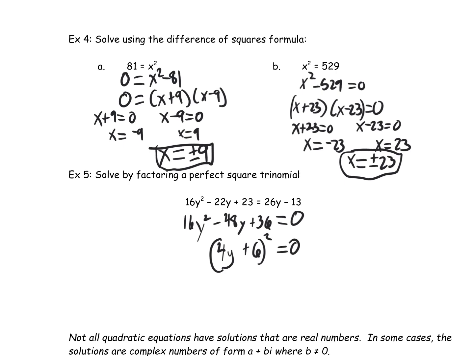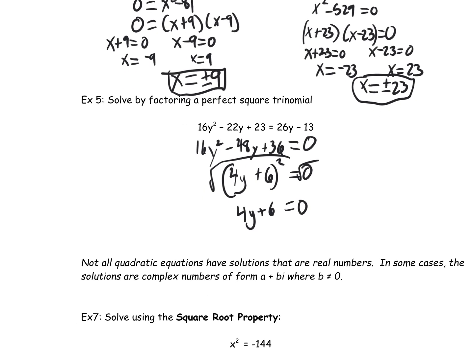So now that we have done that, we can solve that very simply. We can take the square root of both sides, of course, to get rid of that squared. So we get 4y plus 6 equals 0. And then solve from there. 4y equals negative 6.